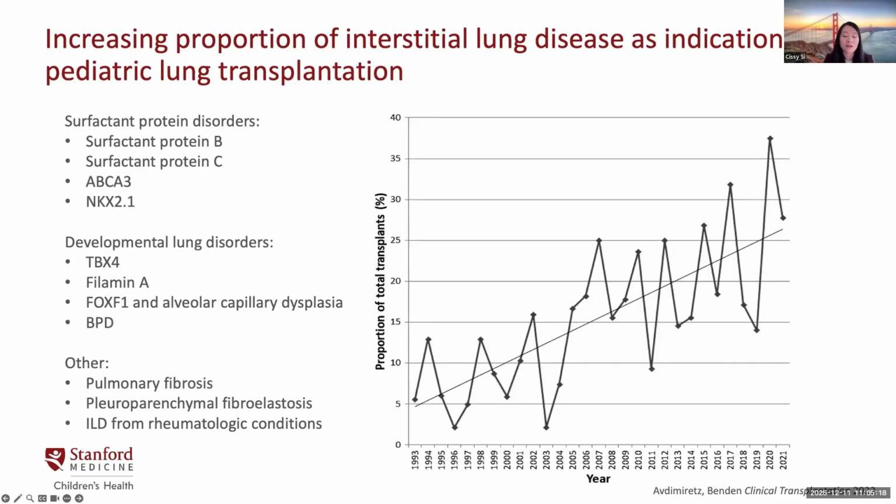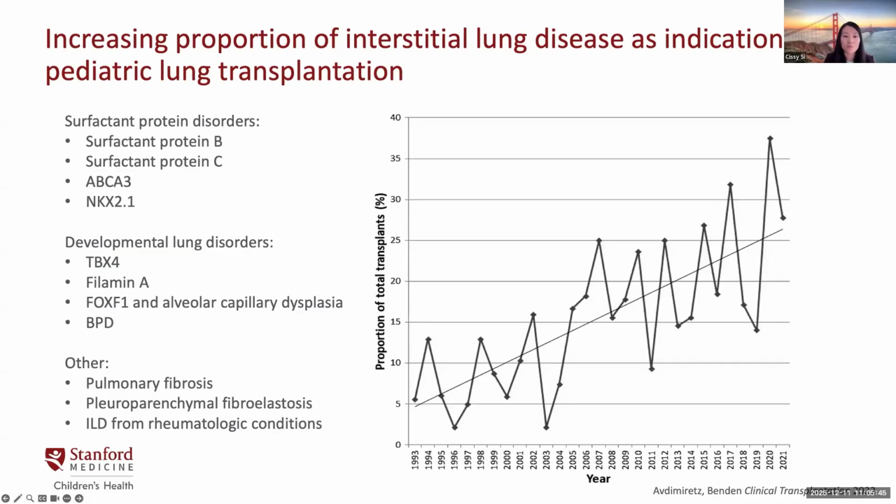I also think of ILD as those disorders that cause developmental lung disorders, such as TBX4 disease, filamin A disease, FOXF1, and associated alveolar capillary dysplasia. And these conditions can present with both developmental lung disorders and alveolar simplification, as well as some component of pulmonary vascular disease.